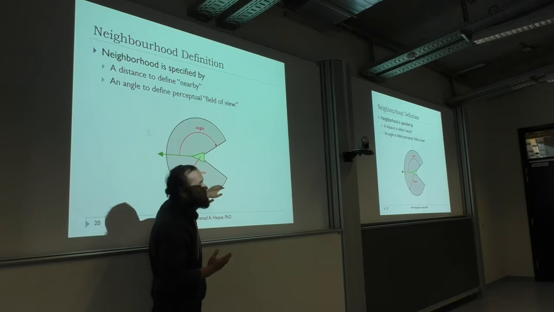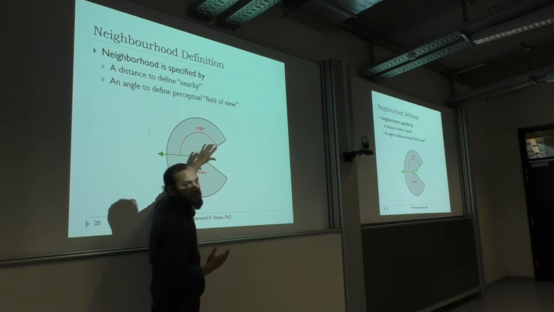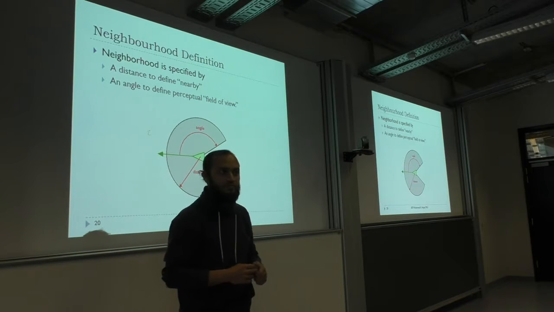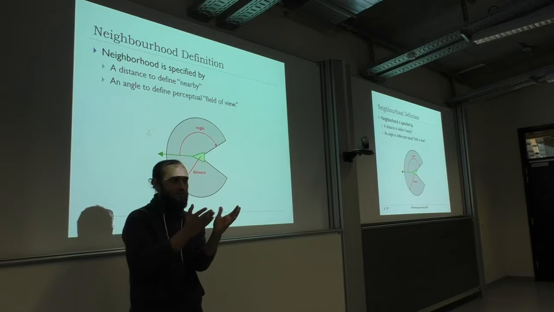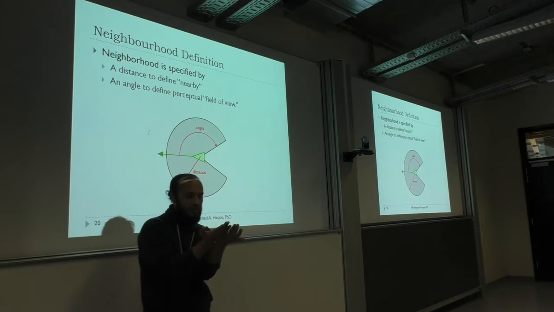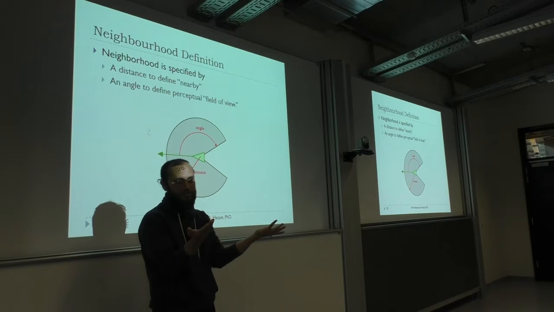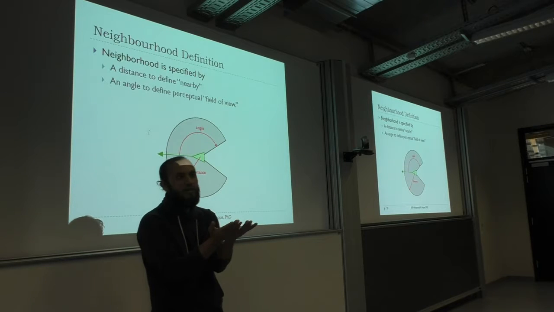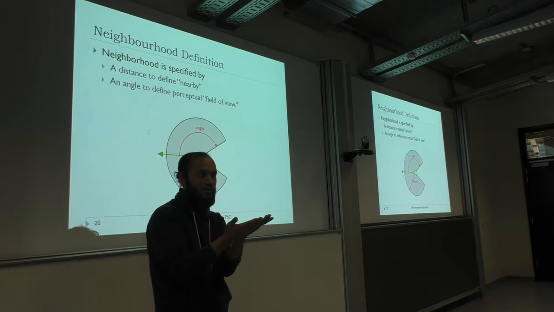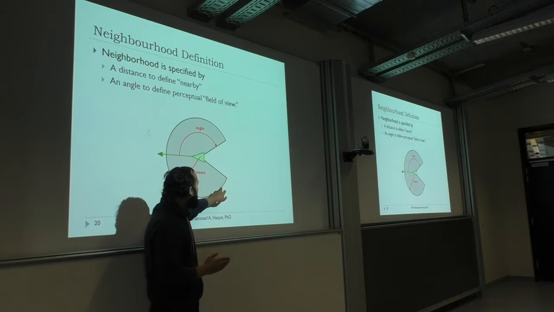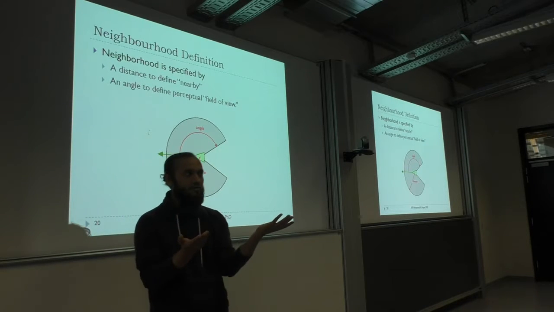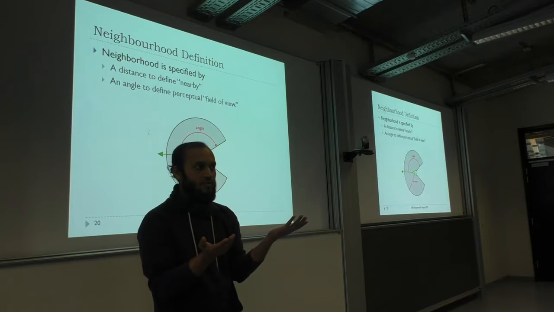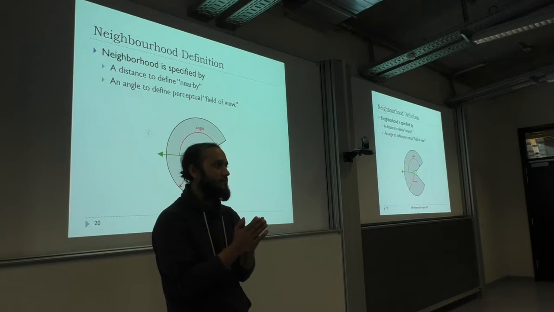So when you write a script for this one, the script should say that if there is any other object or obstacle closer to this one, it will go away from that. Or if any other object is coming closer to cross this boundary, it will just keep away from that one. That is the idea of neighborhood definition.